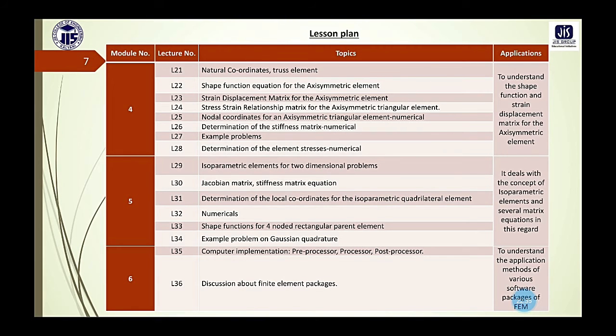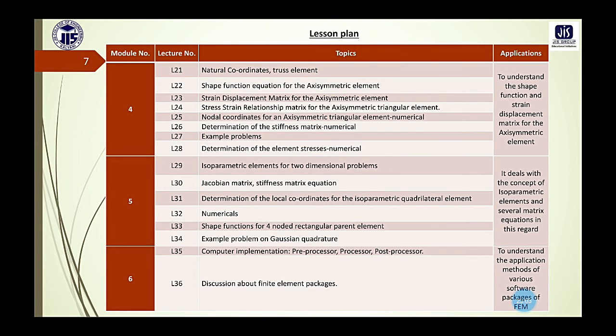We will understand the shape function and the strain displacement matrix for the axisymmetric element in this module. So in 8 different lectures all these things will be discussed in details, like the shape function, then strain displacement matrix for the axisymmetric element, on the nodal coordinates for an axisymmetric triangular element. So all these things will be discussed in details.